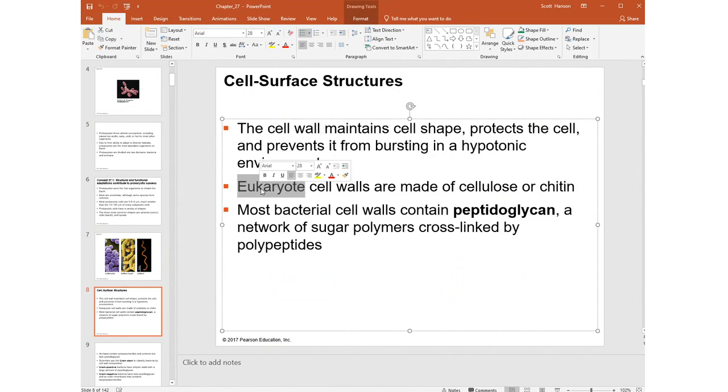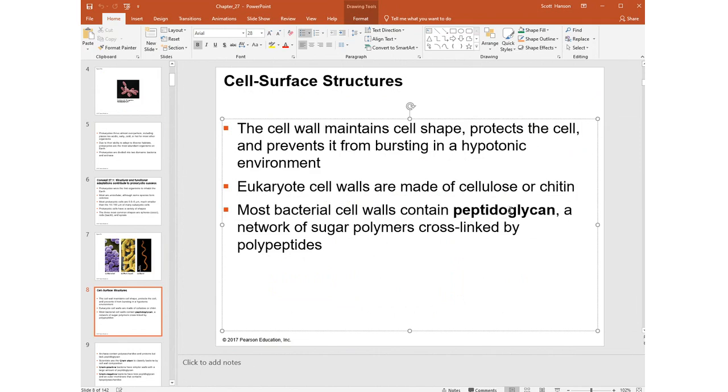Eukaryote cell walls, remember, plants and fungi can have cell walls as well, but these eukaryote cell walls are usually made of cellulose or chitin, but most bacterial cell walls are made of something called peptidoglycan.